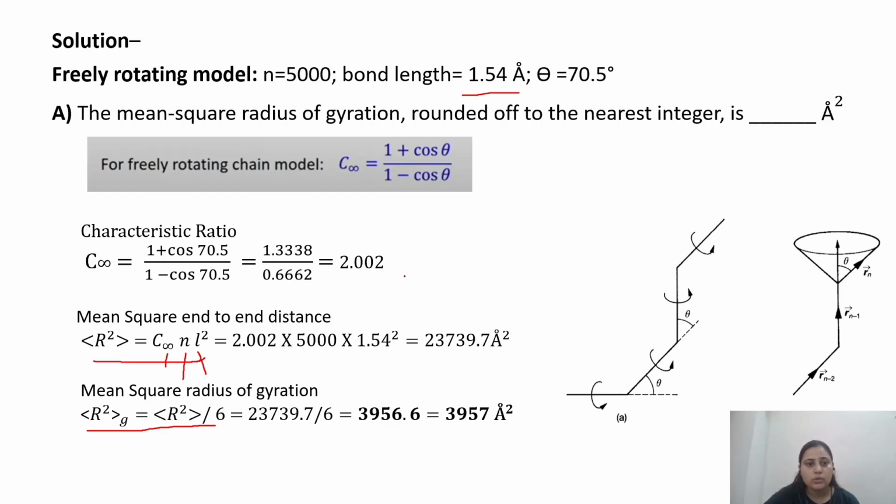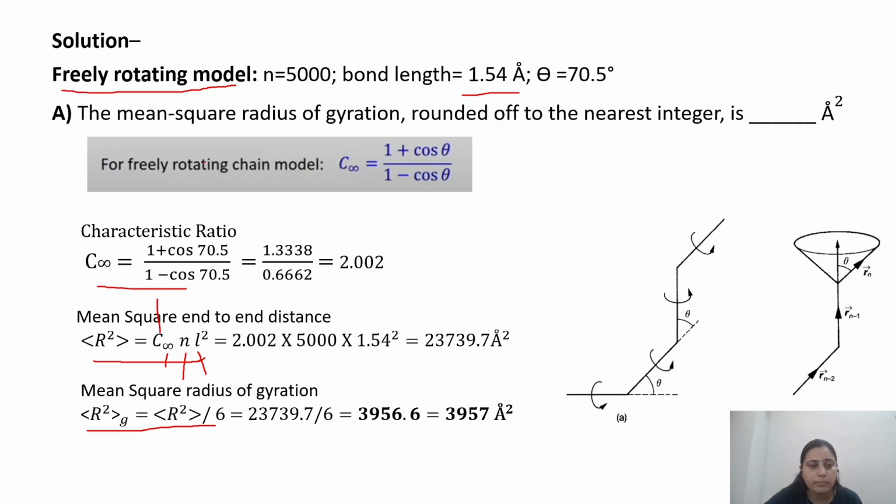For calculating the characteristic ratio, we need the formula for a freely rotating chain, as the question provides that this polymeric chain is a freely rotating chain model. So let's solve the question by first calculating the characteristic ratio.